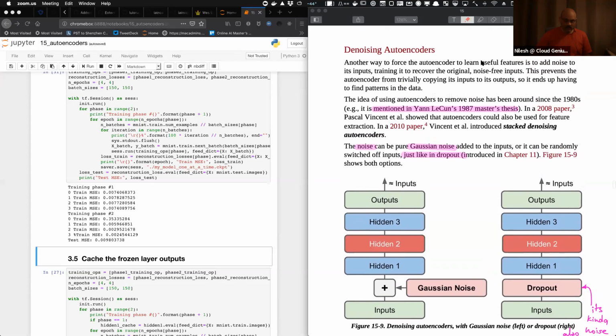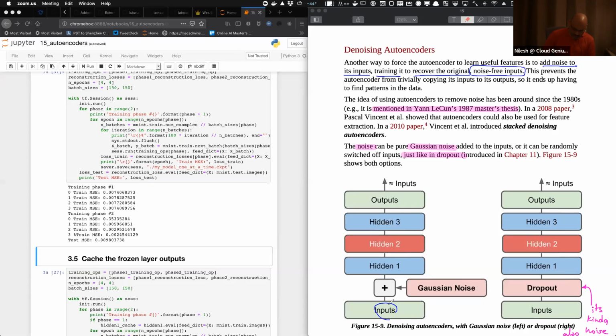Let's go read a couple of things here to make sure that I don't miss any important ideas. One of them is to add noise to input and train it to recover the original noise-free input.